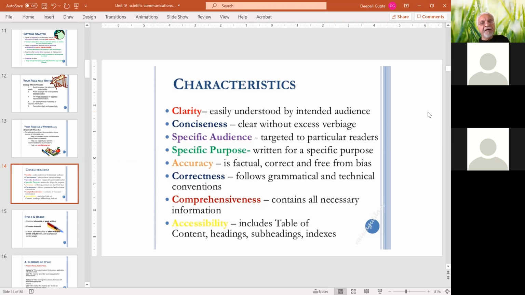After finishing or preparing a document, you have to see whether it is fulfilling these characteristics or not.